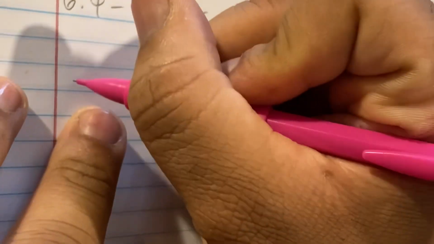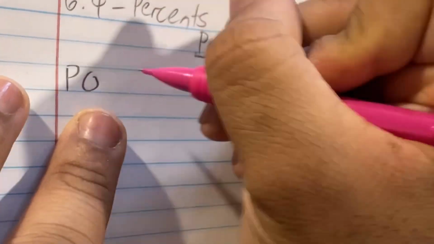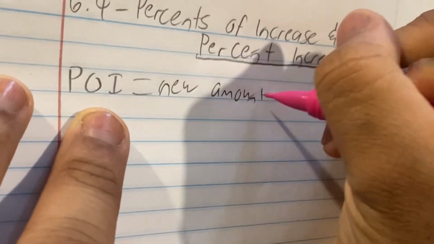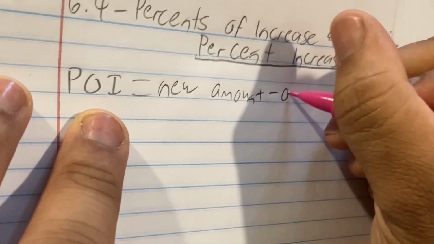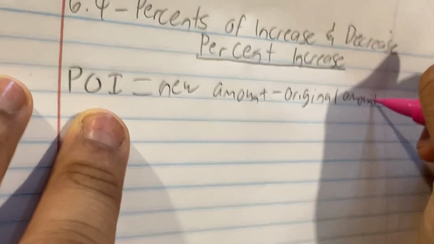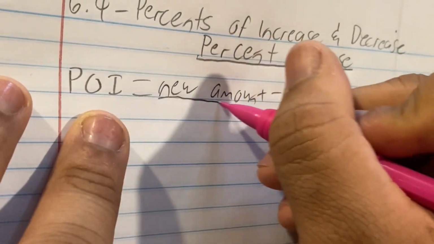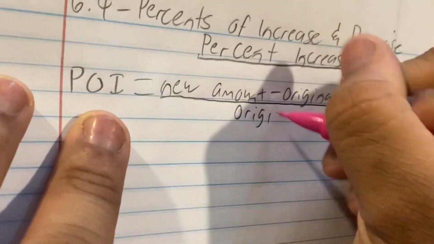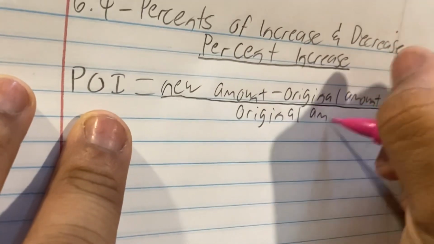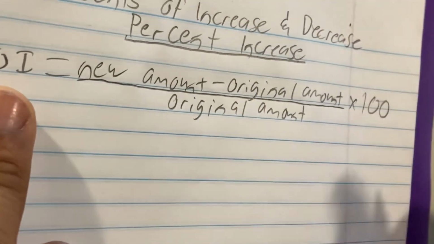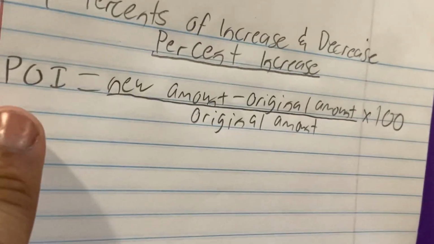I'm going to put POI, which stands for percent of increase, and it's going to equal the new amount subtracted by the original amount. Then you're going to divide all that by the original amount, and when that's all done, you're going to multiply it by 100. I know that looks like a lot, but once you got it, you got it.